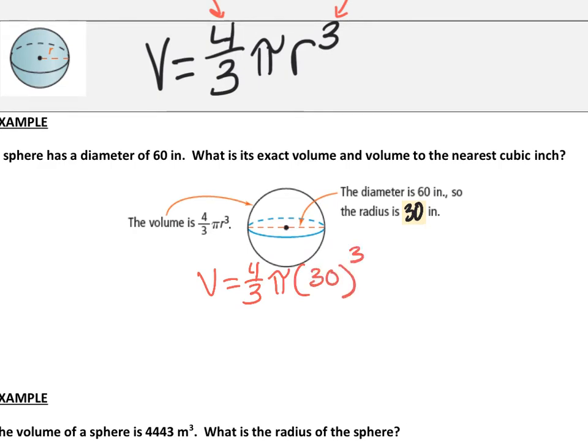Okay, so when you plug that in your calculator, there's not a handy-dandy cubed button readily available on your calculator like there is for squared. So I'm going to show you what you can do in your calculator.